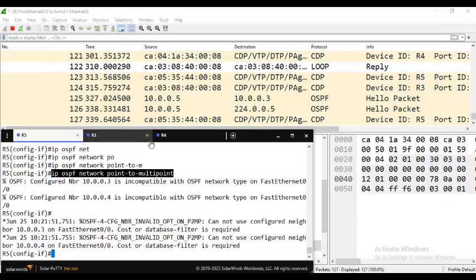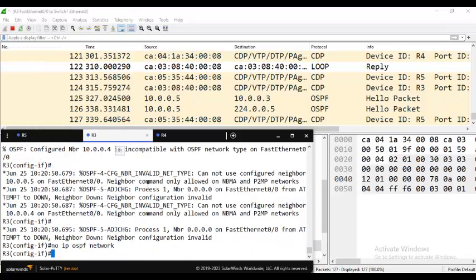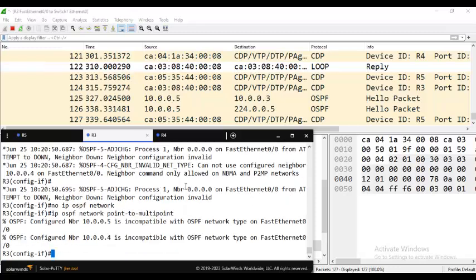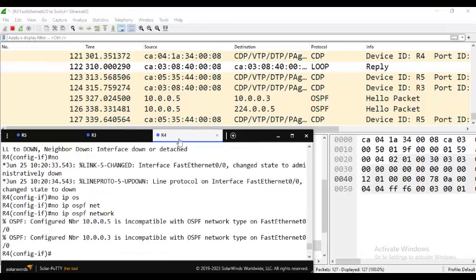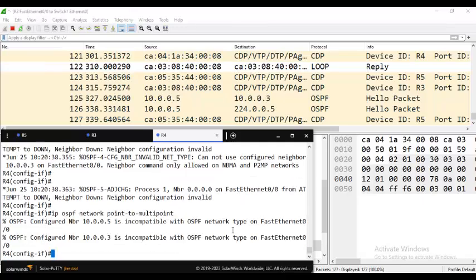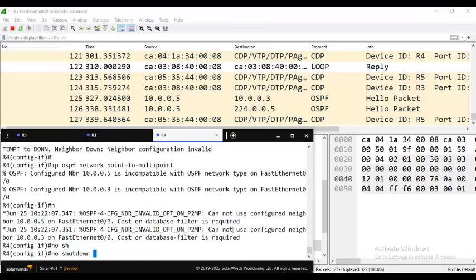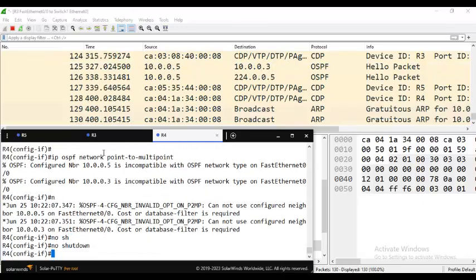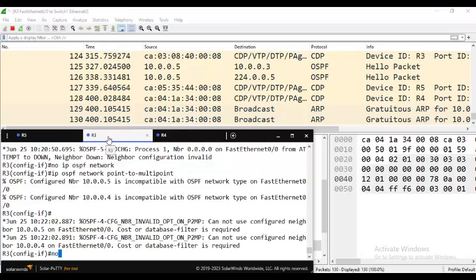You will start seeing multicast traffic in the background. You see, 224.0.0.5 started coming up. OSPF sent us multicast, which means the neighbors are dynamically discovered.